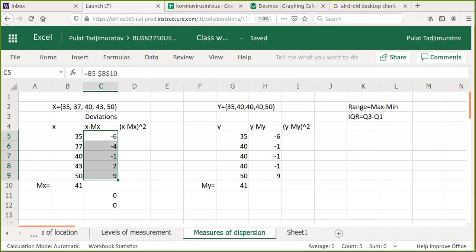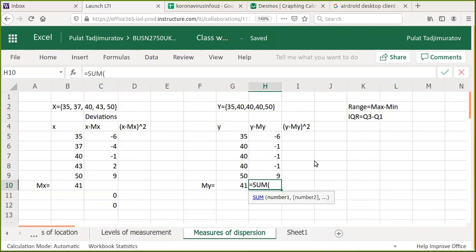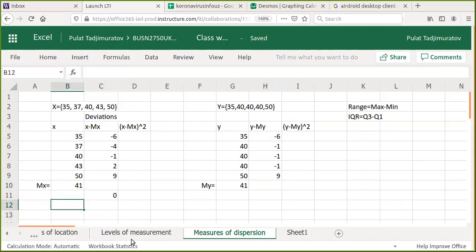If we move to another data set, like these y points here, they have the same thing. If I find the sum of the deviations, what I get is 0 again. So that looks like the general rule: the sum of all the deviations is always 0.